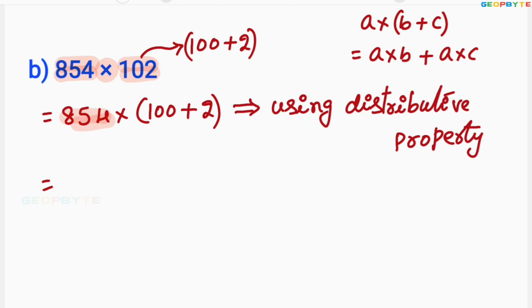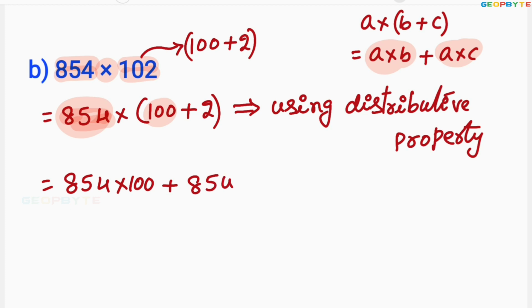Now this is the A, 854, into B, which is 100, plus A into C. This is the A, 854, and this is the C, into 2.